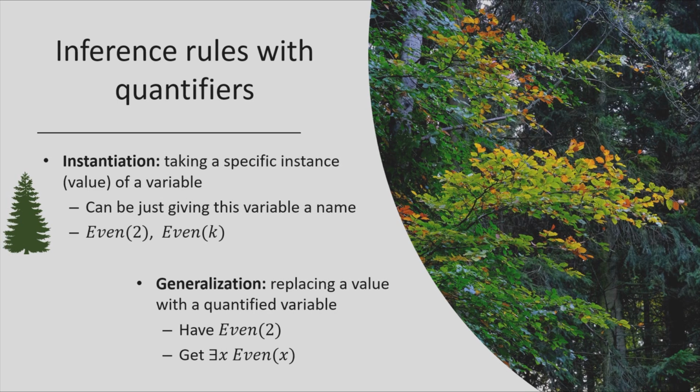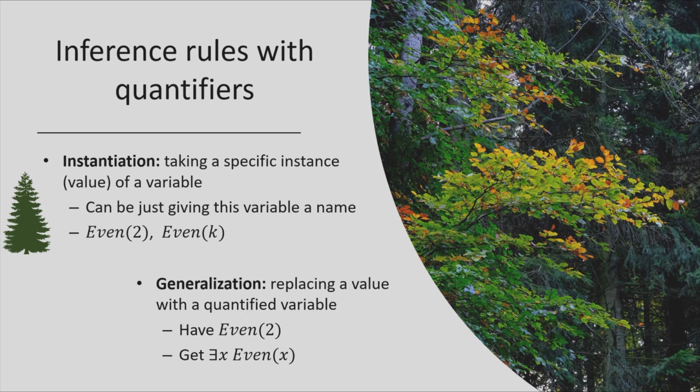Instantiation means you remove a quantifier and instead you either put some specific element or just put an arbitrary element with some name. It really will be different for universal and existential, but the whole idea of instantiation is you go from, for every x, or there exists an x, to here is a specific x.